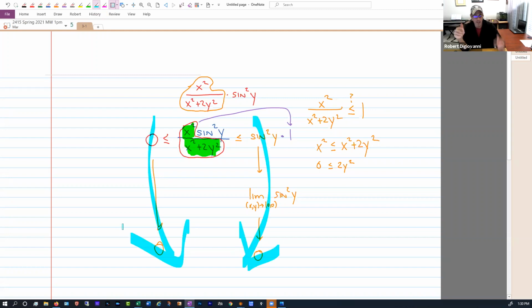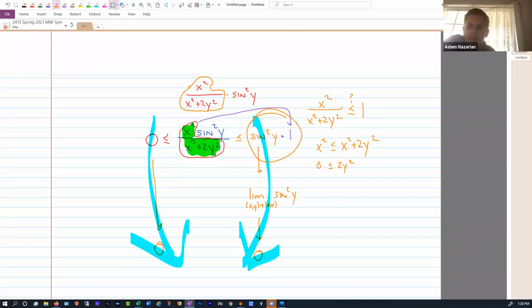Okay, you've got to have the same number from both sides, and the thing you pick on the right, whatever that is, you better be able to take the limit of it, which means it better be either a constant or it better be one variable in there. Because if it's 2 variables, you got to check every path, and you can't do that.